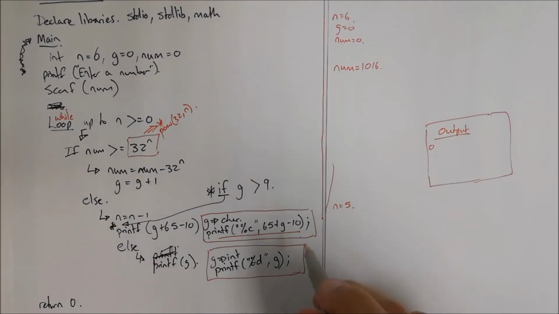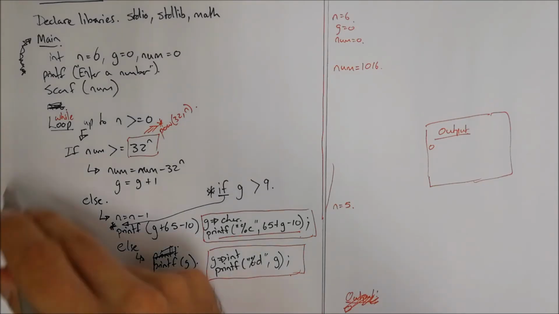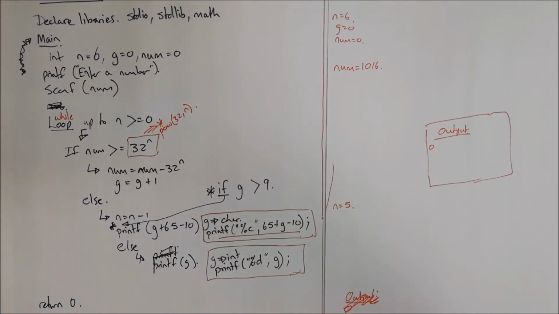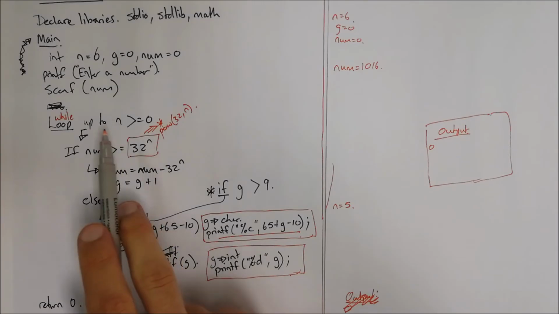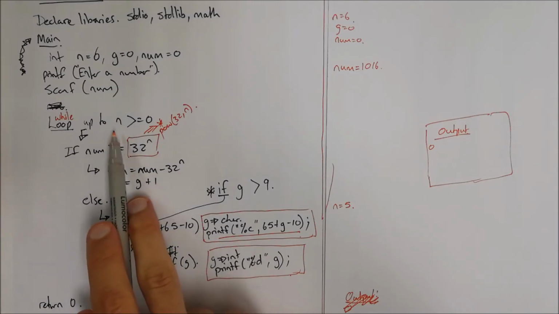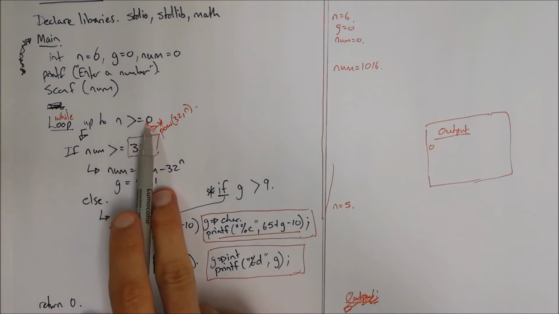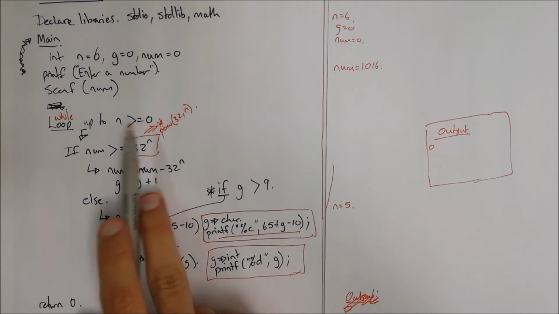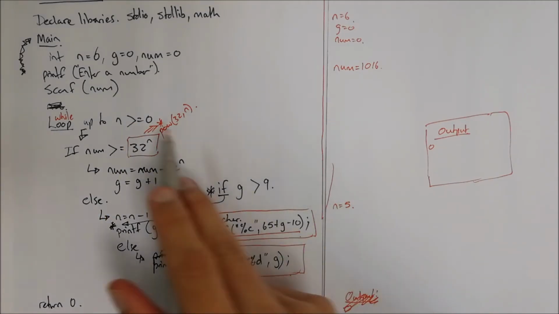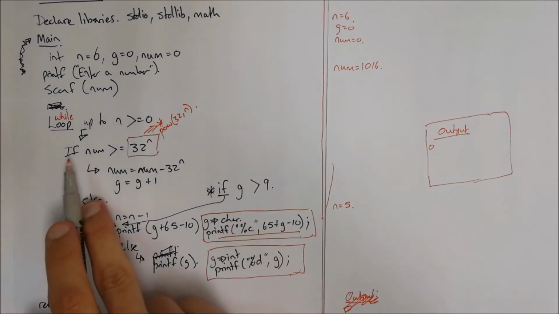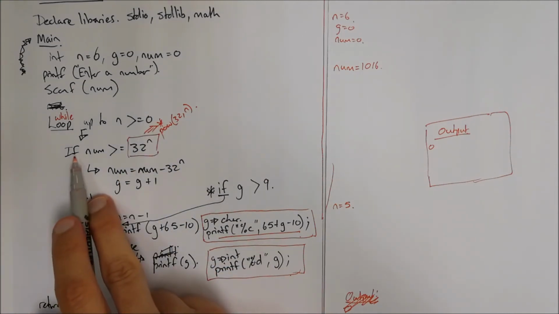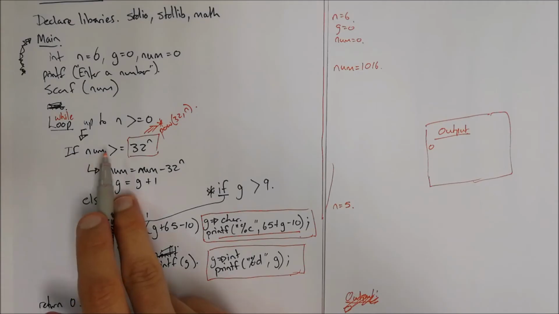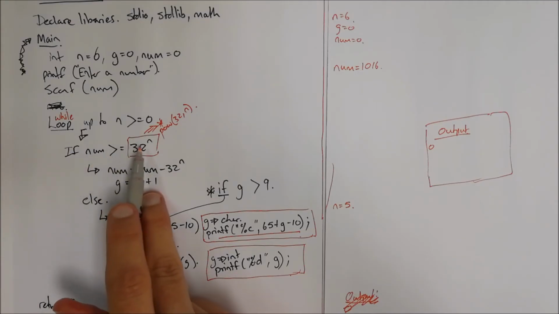Okay, now we know that there's a loop. It comes back to the while loop over there. So let's look at that now. We keep on repeating: is n larger than or equal to 0? At the moment, n is equal to 5, so yes, that is valid. Is num larger than 32 to the power of n?